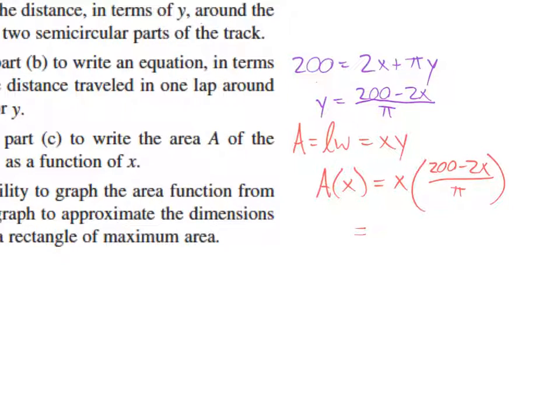So I'll rewrite A of x as 200 over pi times x minus 2 over pi times x squared. The reason I did this is because if we want the maximum area, I need to find the vertex, right? What form is this in?